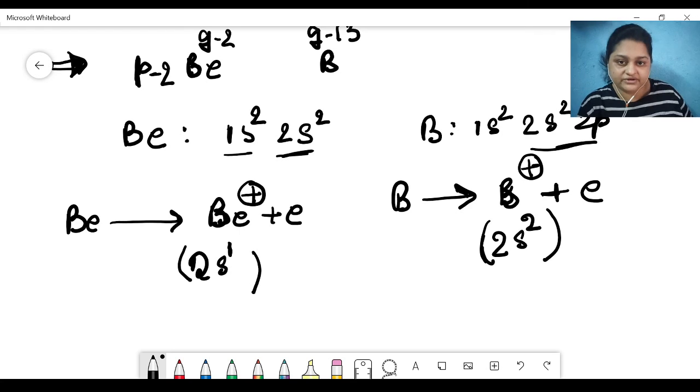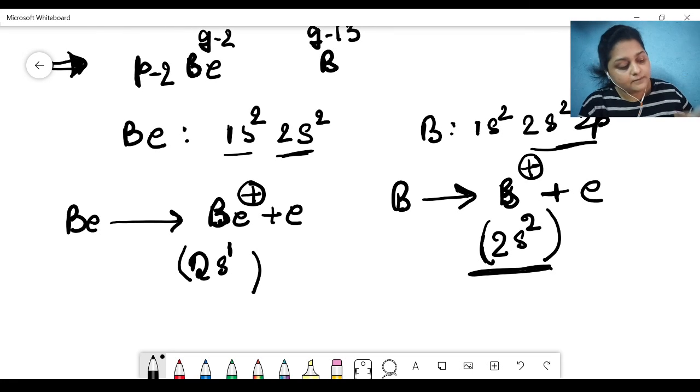By the first ionization, that fulfilled valence shell orbital transformed into a half-filled orbital, whereas for boron, after the first ionization, it gained the stability of a fulfilled 2s orbital.